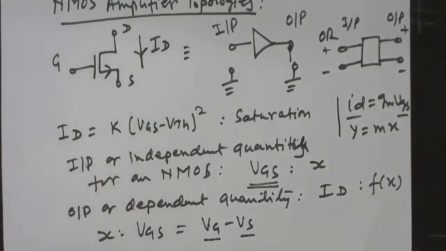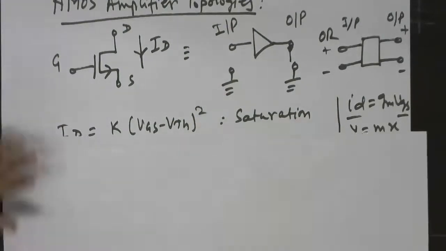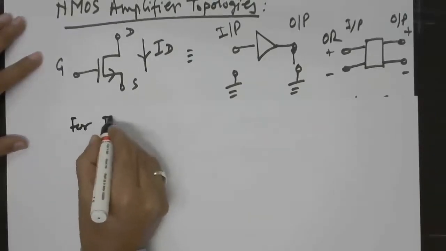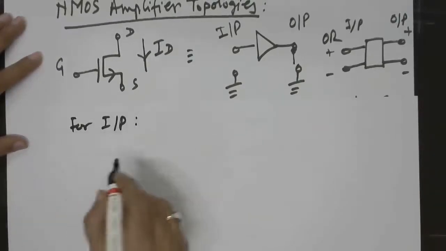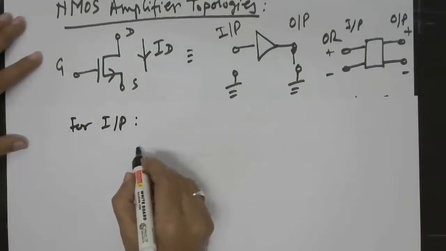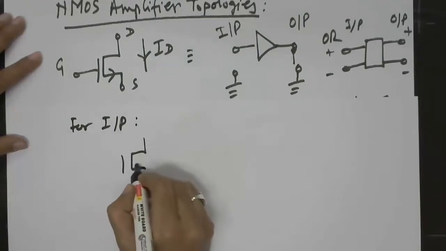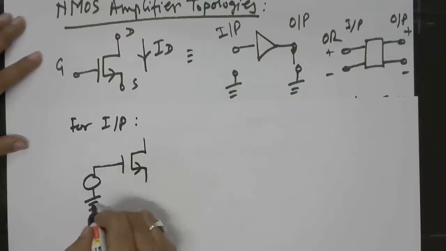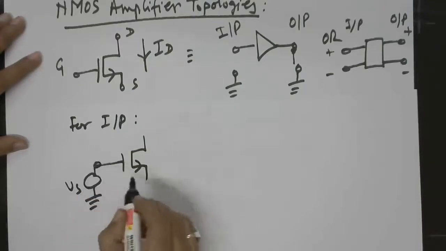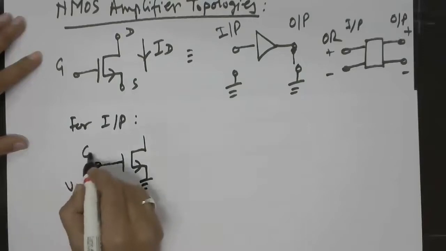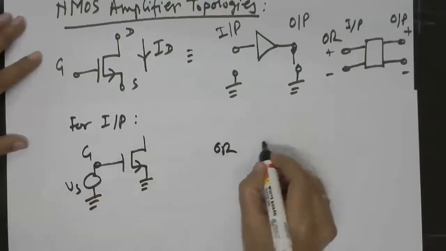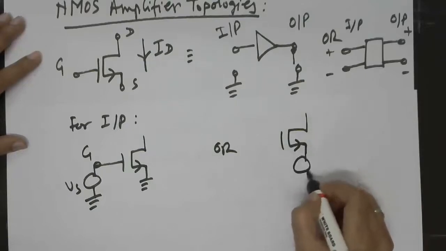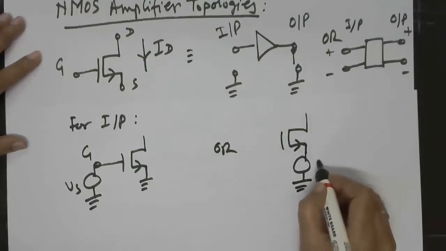So in terms of input, there are only two possibilities. Either you apply your input like this at the gate, or you apply your input at the source.